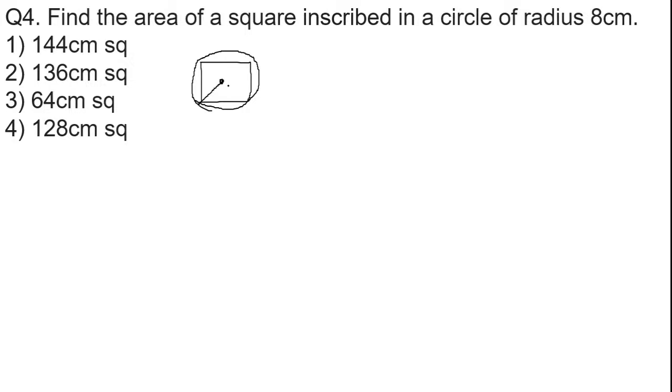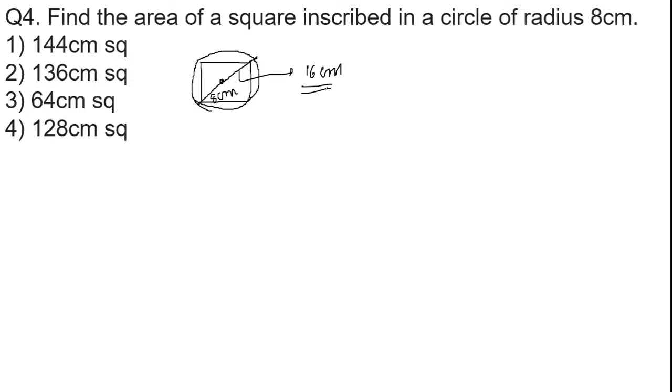For example, this is the radius. The radius is 8 centimeter, and we know what is the diameter of a circle. Diameter is double of the radius. So we can consider this diameter as 16 centimeter. Am I right? If the radius is 8 centimeter, the diameter will be 16 centimeter.